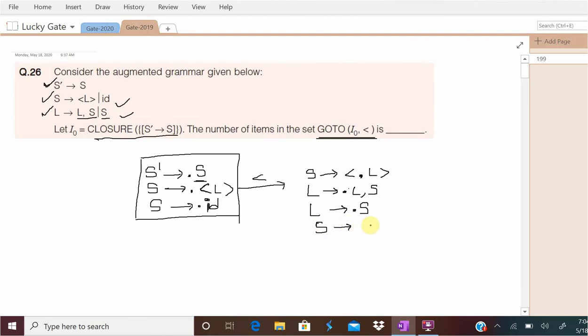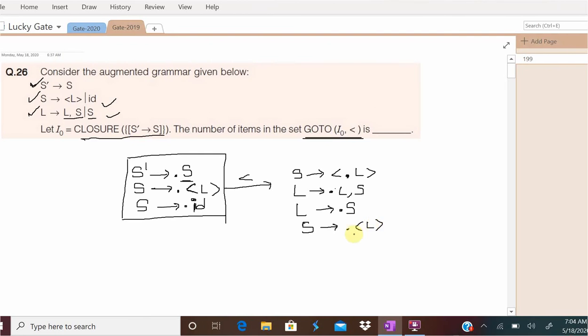Now what were the S productions? S → .(L), and S having two alternatives, S → .id. No more items are going to be added to this set, so these are the set of items that can be in the goto of '(' symbol of this I0 state.